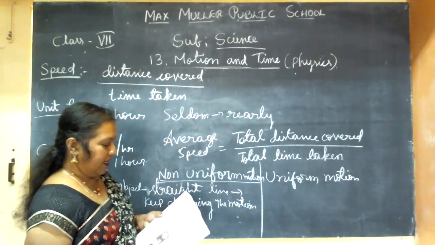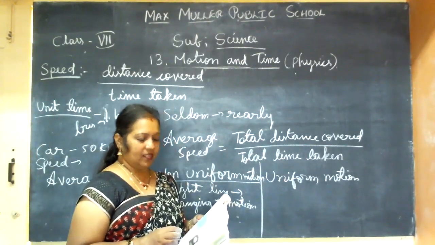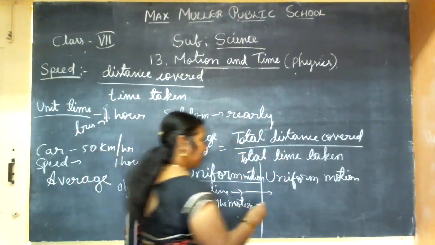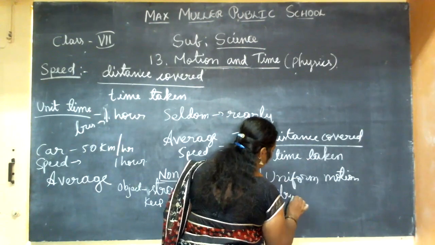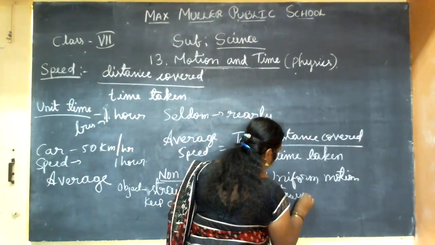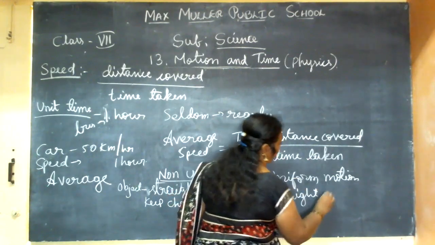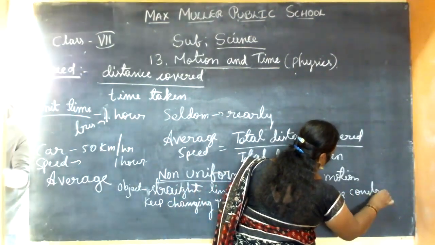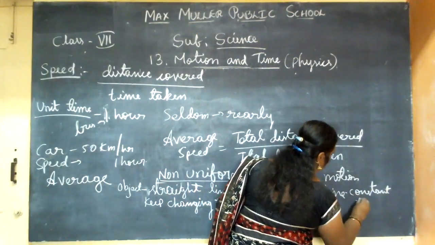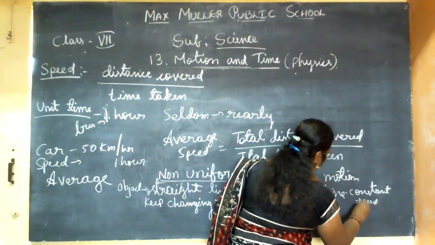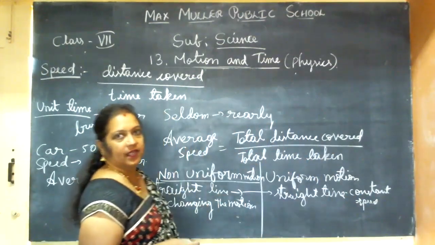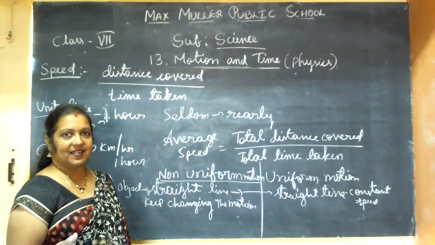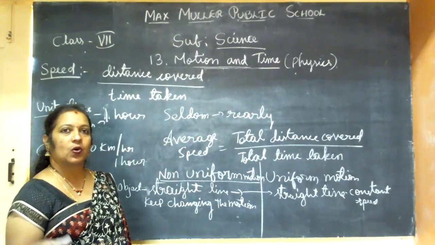Then, an object moving along a straight line with constant speed. It is moving in a straight line with constant speed. Understand? With the same speed only it is moving, without any irregularity, without any stop or slow or fast.